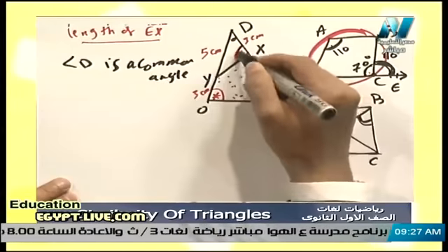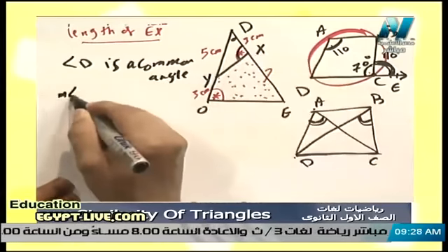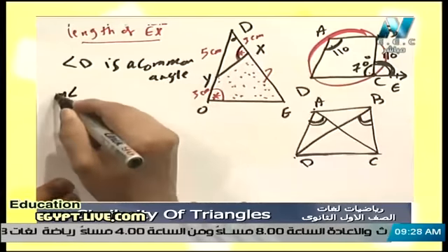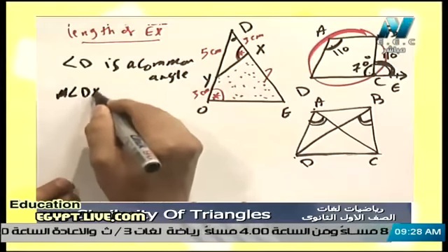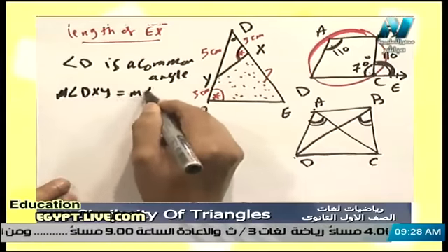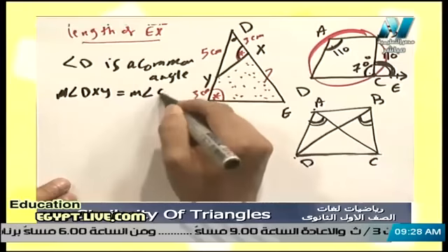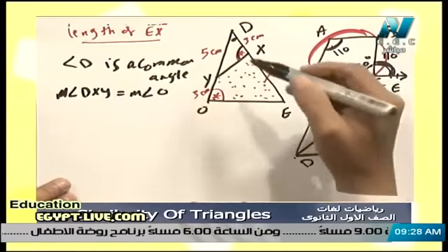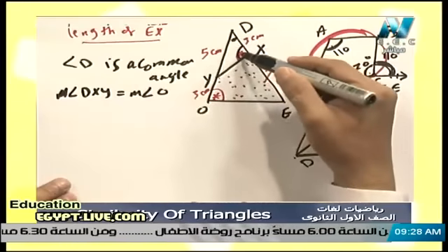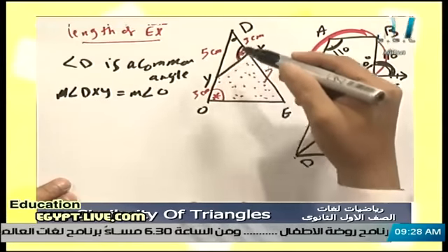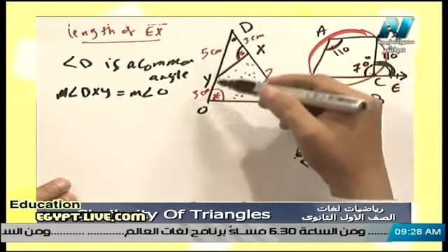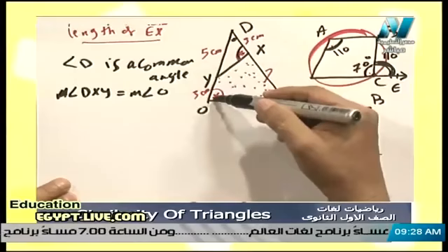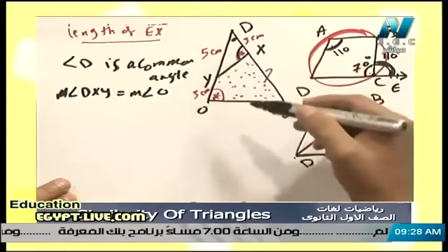And also we have measure of angle DXY equal to measure of angle O. So we have two angles in the small triangle equal to two angles in the big one, so the two triangles are similar.